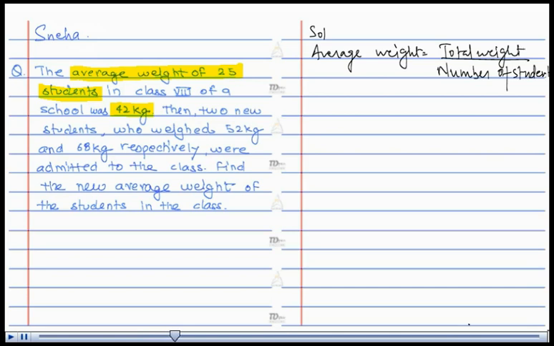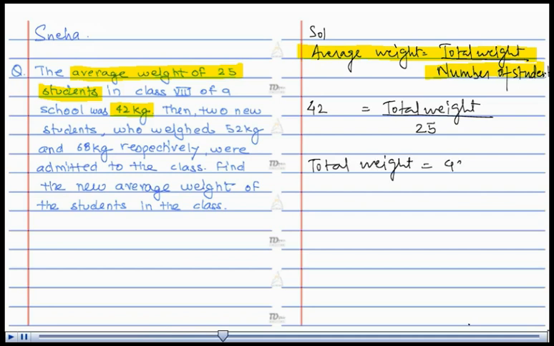Substituting these values in the equation, we have 42 is equal to total weight upon the number of students, that is equal to 25. So, from here we get total weight is equal to 42 into 25, which is equal to 1050 kg.